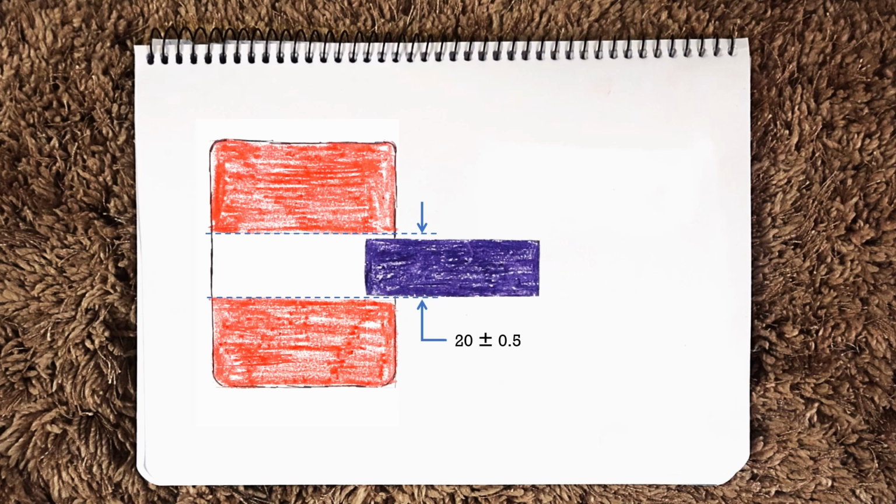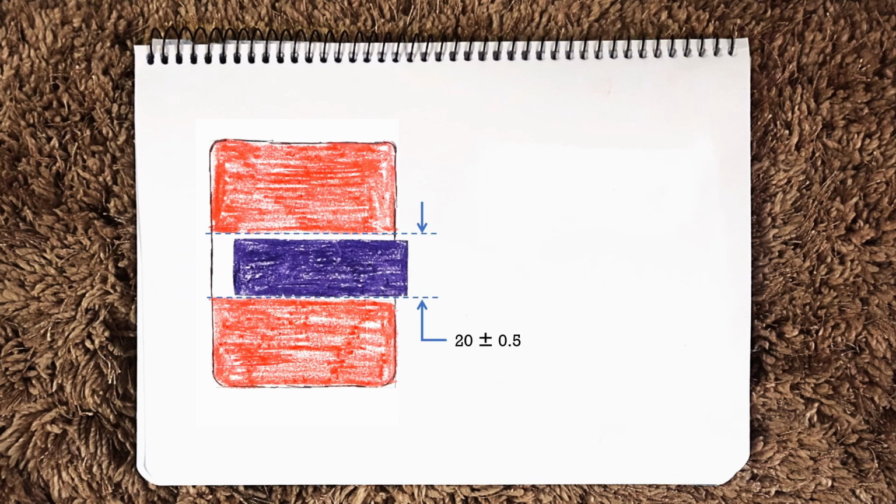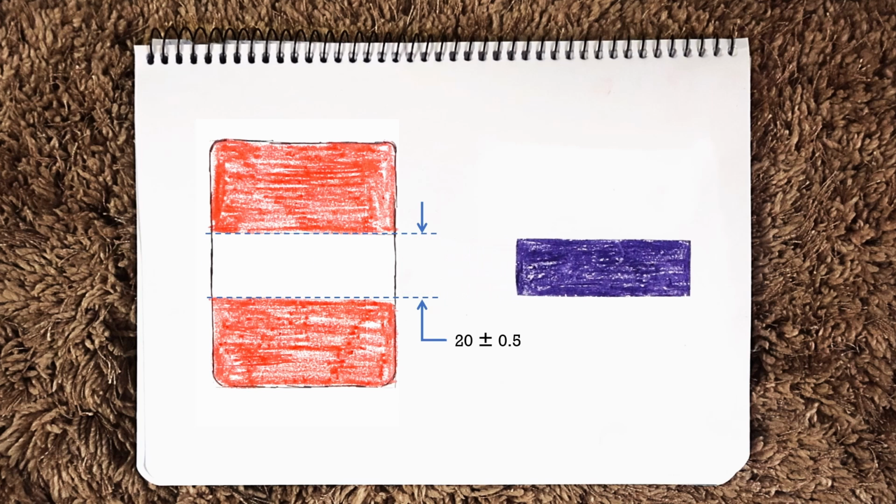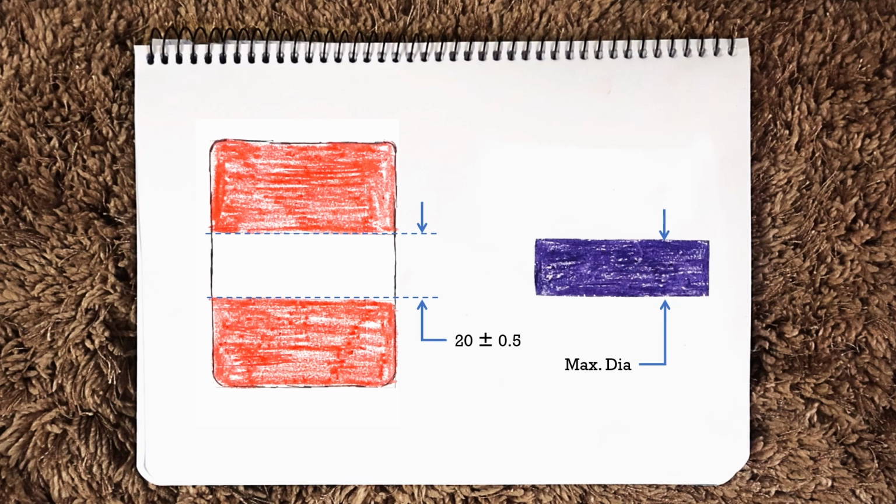And as the shaft should pass through this hole in all conditions, means this shaft's maximum size, maximum diameter, has to be less than the smallest possible size of this hole.